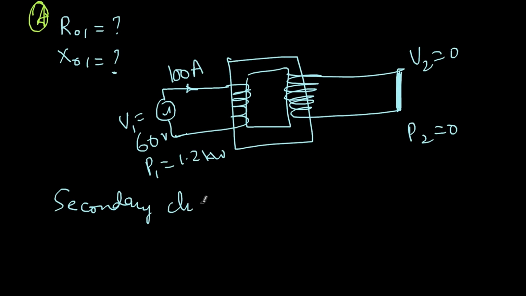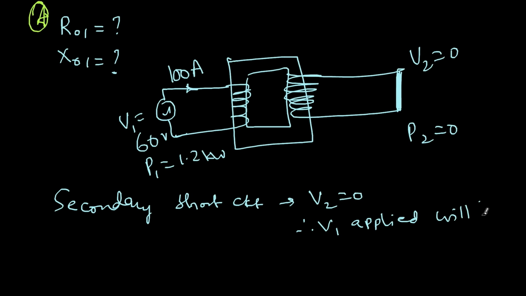Secondary short circuit means V2 equals 0. Therefore, the applied V1 will be a fraction of rated V1.